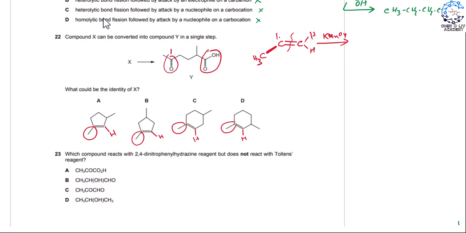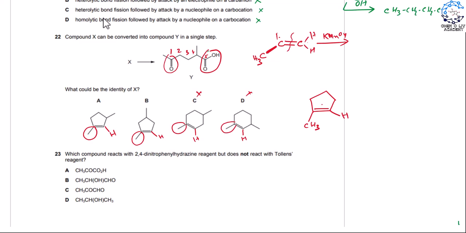So let's count: 1, 2, 3, 4, and 5. So 5 carbons are there, which means the 5 carbons are forming a ring. So these two options got cancelled out because they are 6-membered rings. So let's make a 5-membered ring, and join the double bond over here, with one hydrogen over here and one methyl group over here.